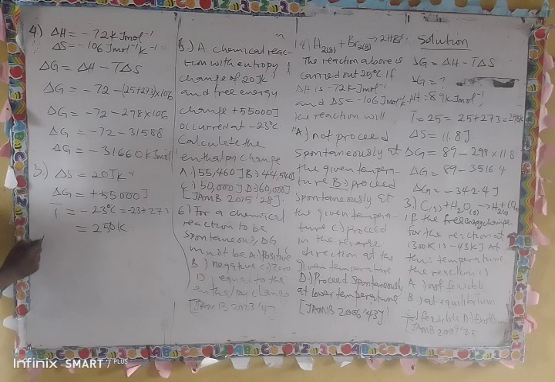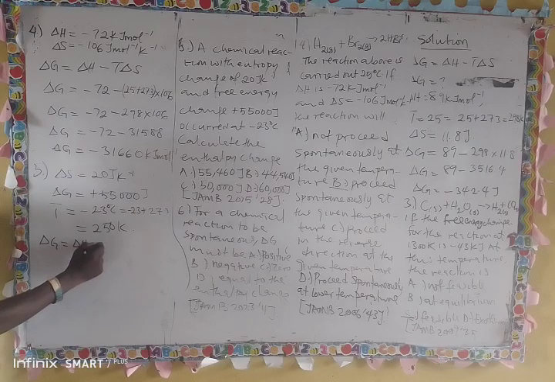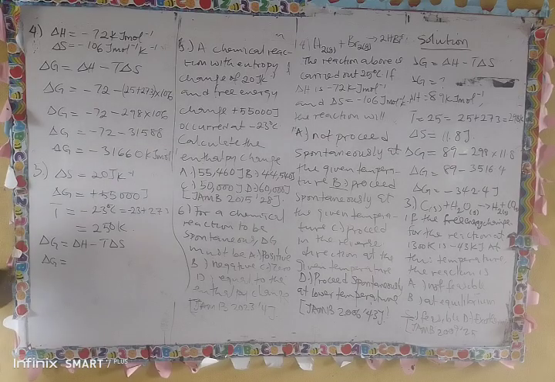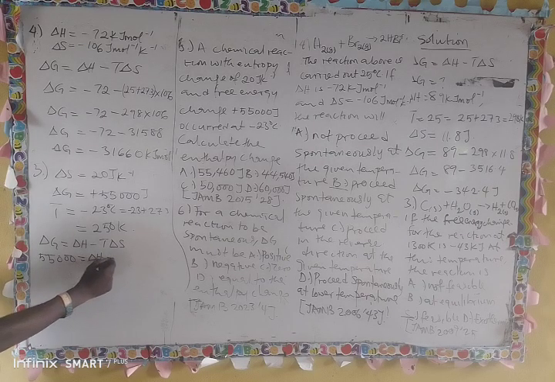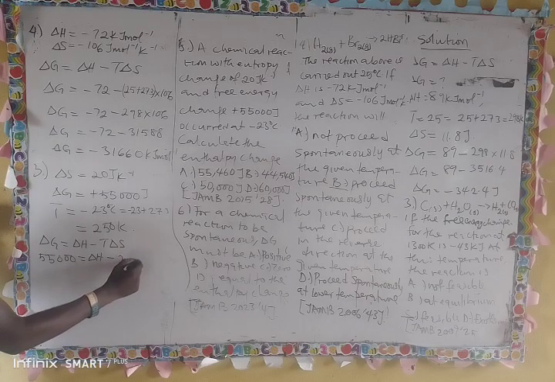So put in your values. You have delta G equals delta H minus T change in S. Delta G is already given as plus 55,000. Delta H is unknown; that's what we are looking for. Minus temperature, 250, times entropy, 20.